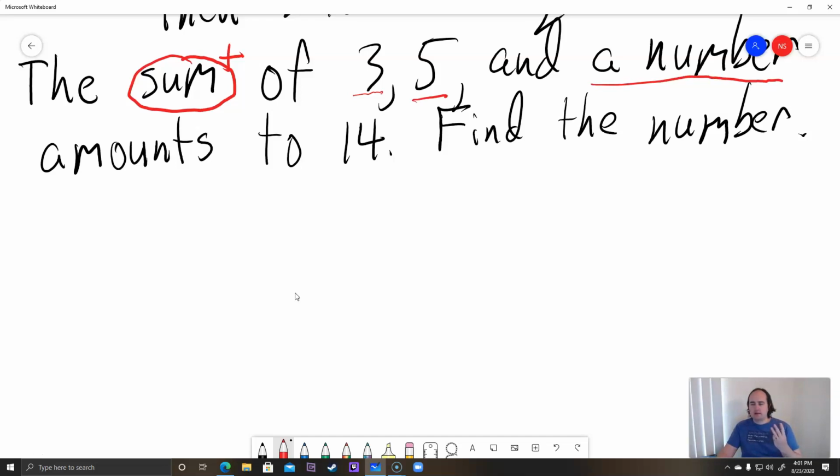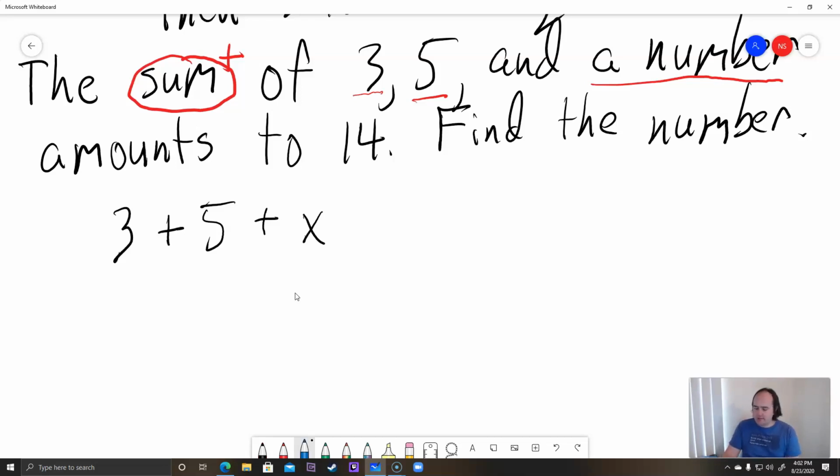So 3 things. So what's that going to look like? It's going to be 3 plus 5 plus a number. And how do we translate a number? Well, a number translates as x, right? So the tricky part here was realizing that when they write sum of, and then they start listing things, they mean you add every single item in the list.